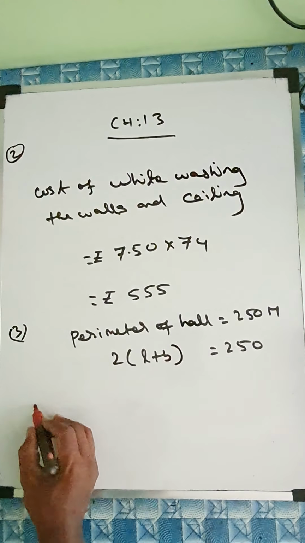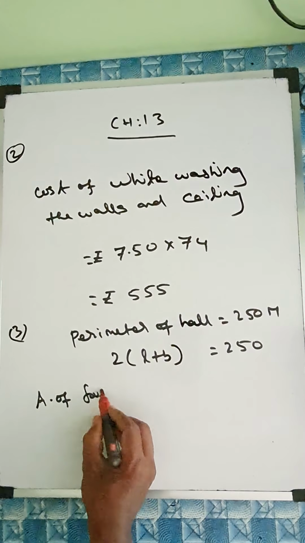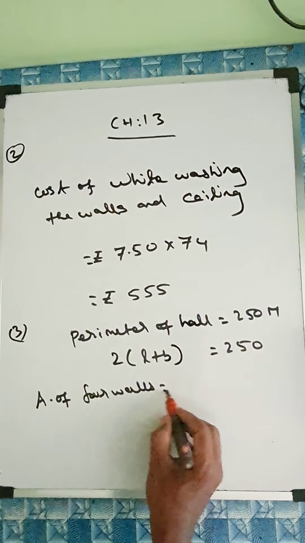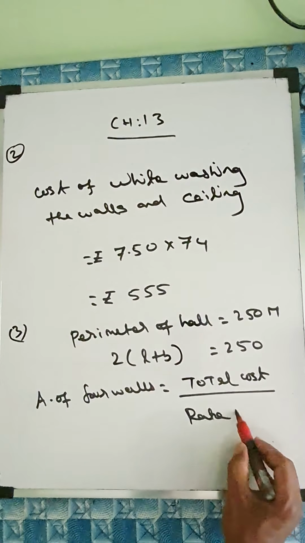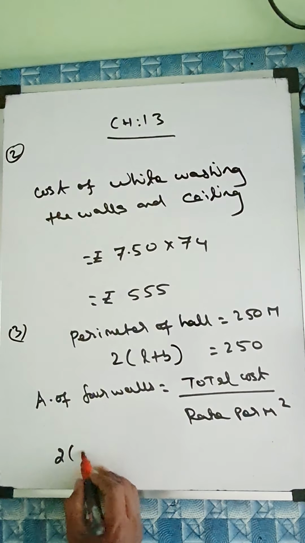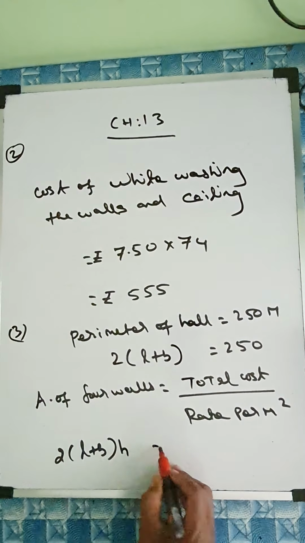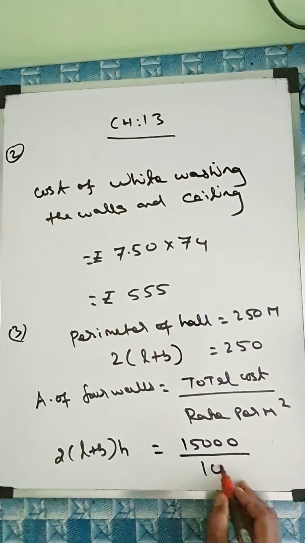Okay, and the cost of painting the 4 walls at the rate of rupees 10 per meter square is 15,000. So we can write here area of 4 walls equal to total cost by rate per meter square. Okay, so area of 4 walls formula is 2(L plus B) into H, total cost is given as 15,000 divided by 10 rupees.